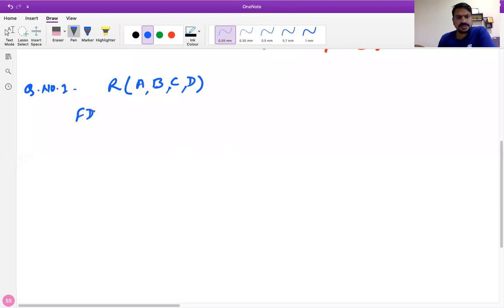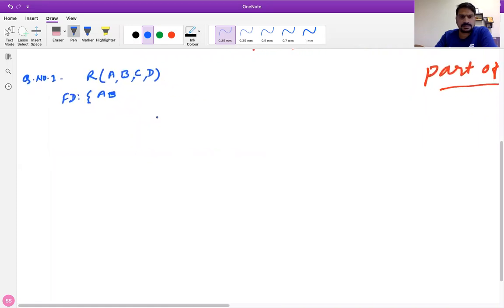And we have the functional dependencies. First is AB determines CD and the second one is B determines C. Okay. So this is my partial dependency given.